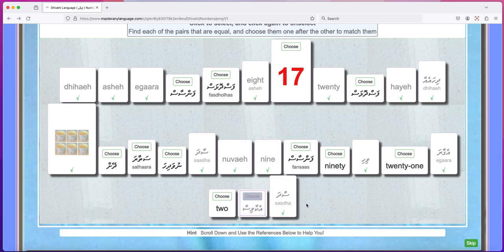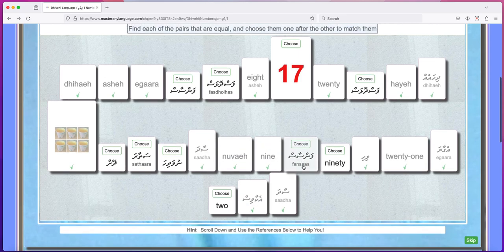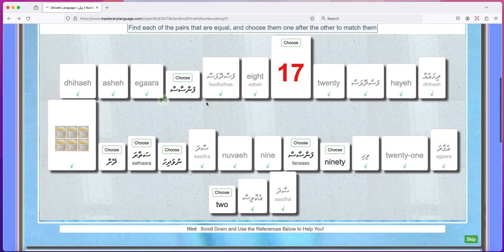Is this 21? Let's try it. Yep. I don't know if that's actually Ekevis. This looks a little bit different. But let's see, Fansas is 50. So first this one here, Faz Lohas. I don't know what that means yet, but that looks the same. Fansas is right here.